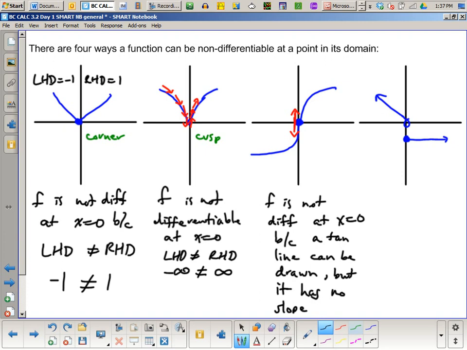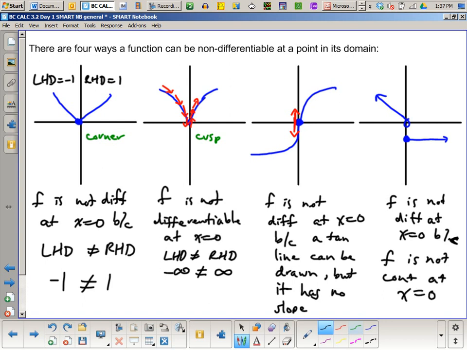And the last one is f is not differentiable at x equals 0 because, why? F isn't even continuous. Right. F is not continuous at x equals 0. And continuity is a prerequisite for differentiability, remember? Okay. 4 different cases.